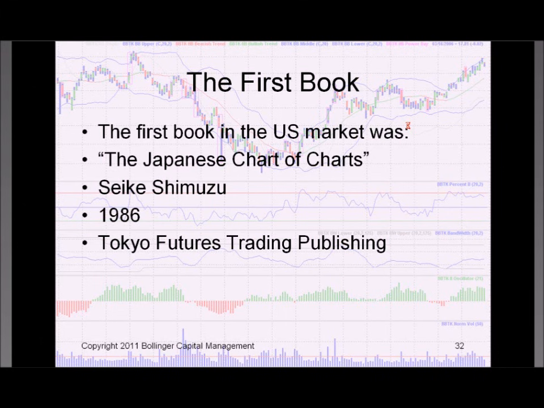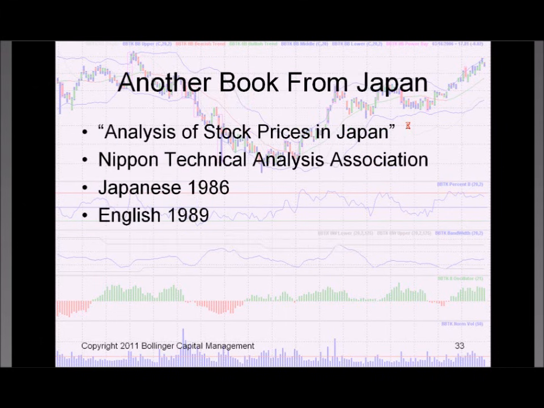Both of those are big used book sites, and you can chase down a copy of Seiki Shimizu's book, The Japanese Charts, published in 1986 in English. It had been through several editions. Mr. Shimizu was a very important analyst at a Japanese futures firm, and the name was extremely well known in Japan, but completely unknown here in the States.